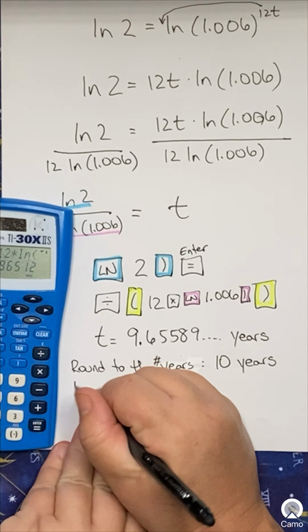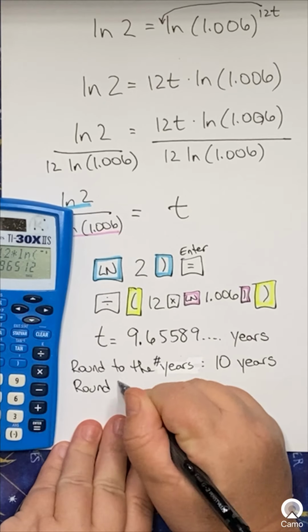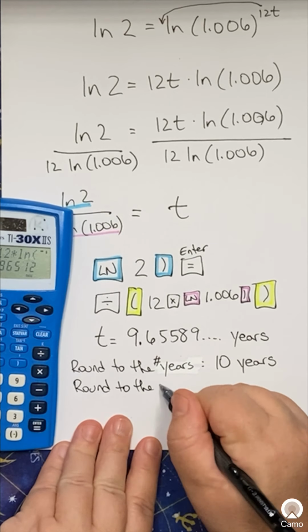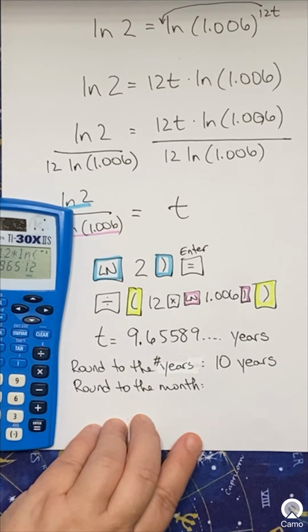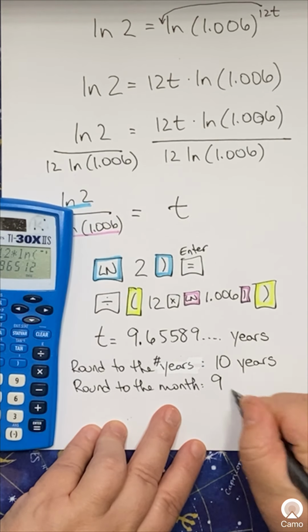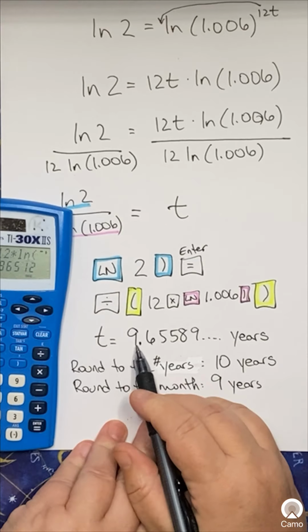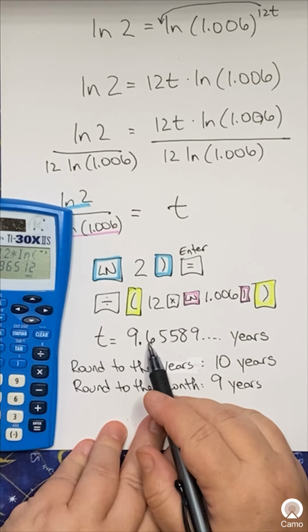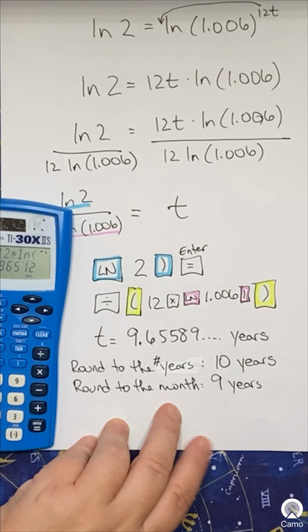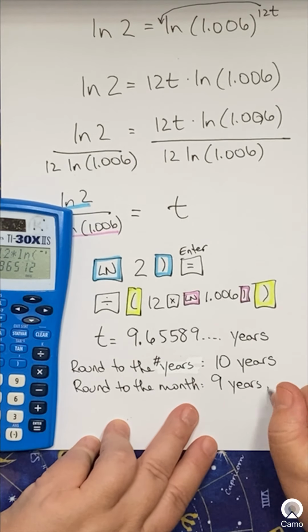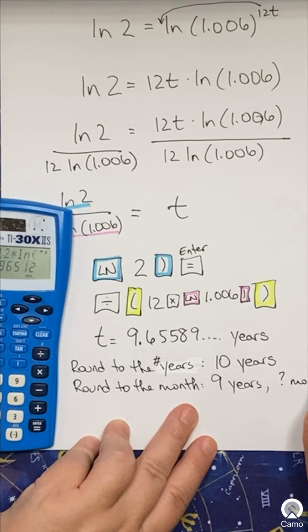But if it says round to the month, what do we do? Well, I've got 9 years, because that's the first part. But then it's like 0.6, so it's like half a year, so maybe 6 months. How do you figure that out? Let me show you.